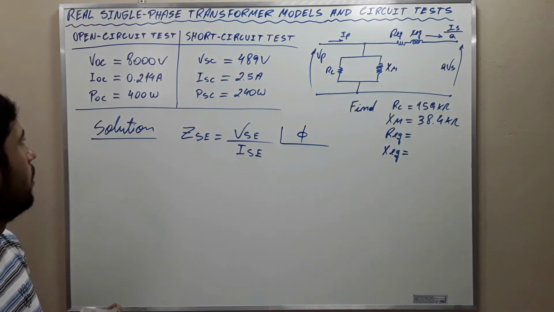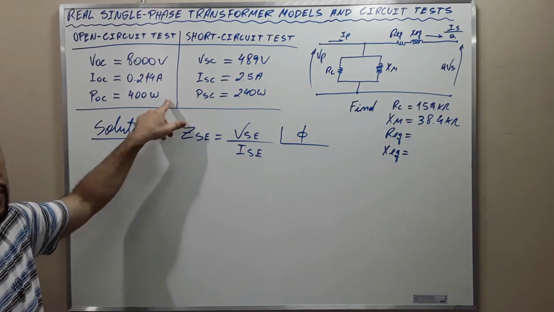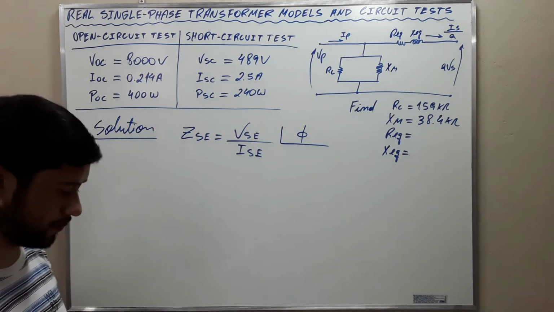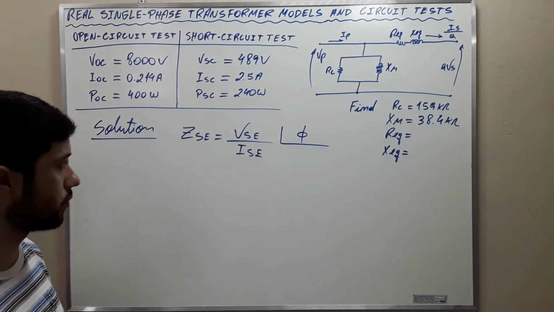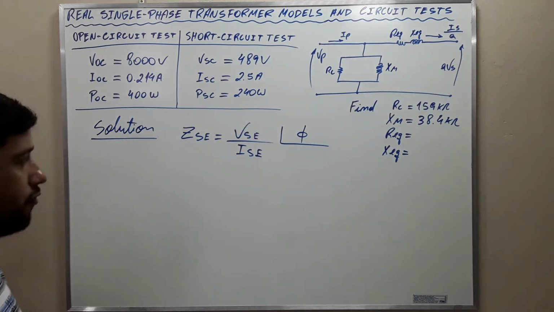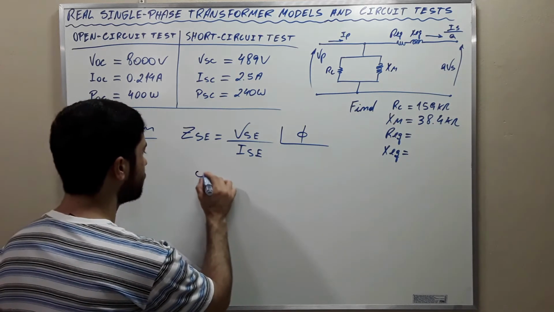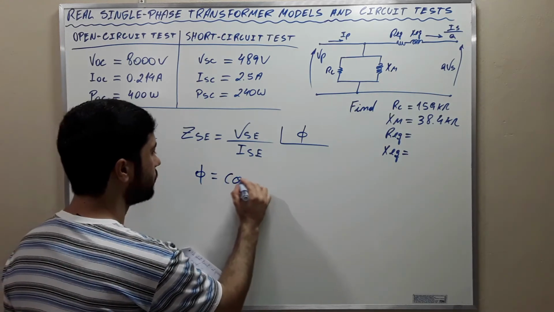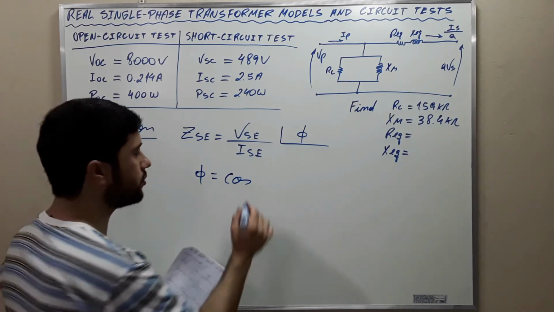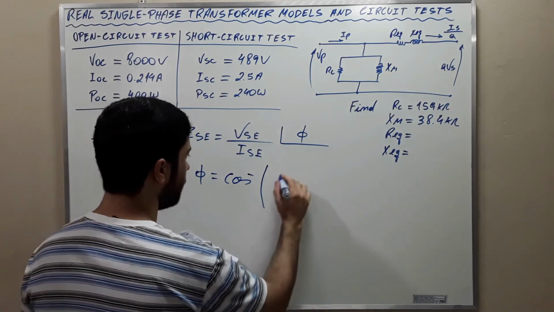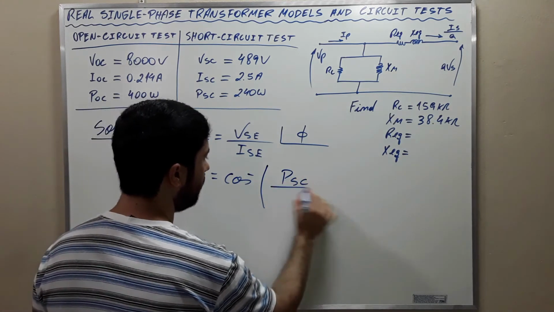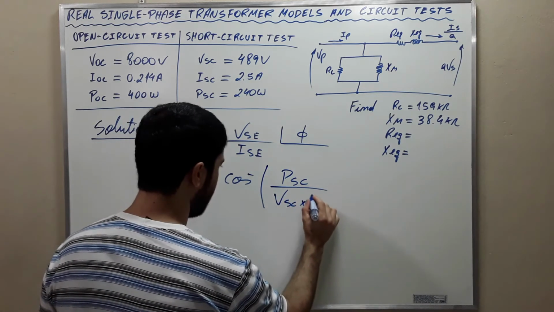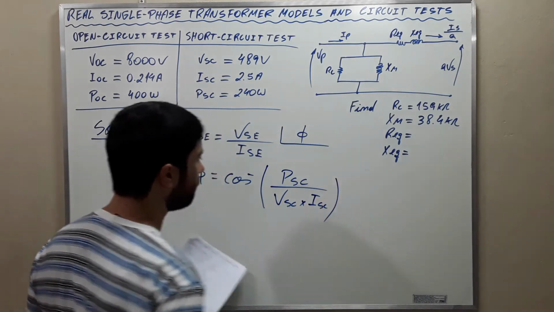Okay, for the open circuit test we use theta. Here we're going to use phi, where phi is equal to the inverse cosine of PSC over VSC times ISC.